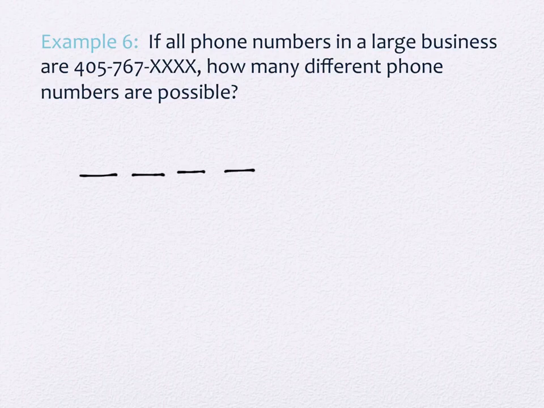There are 4 different numbers that we're selecting. How many different single-digit options do we have in each location? 10. We have the digits from 0 through 9, so that makes 10 digits. So I have 10 choices for each of my 4 last numbers. And the fundamental principle of counting says that I multiply those 10s together.